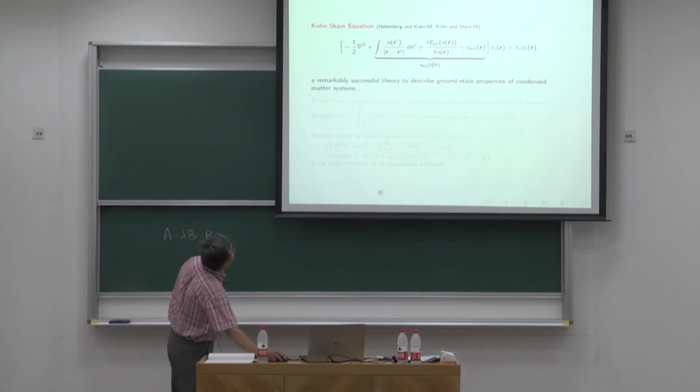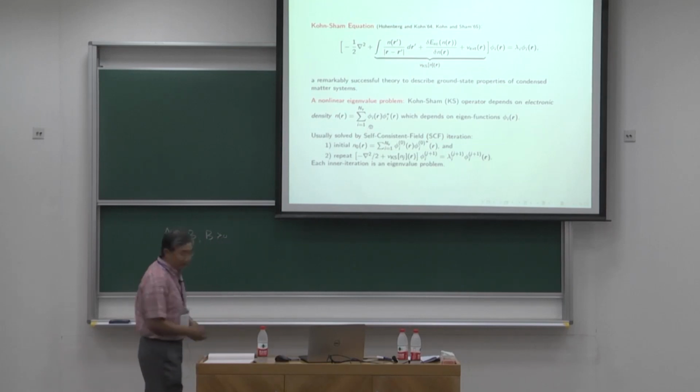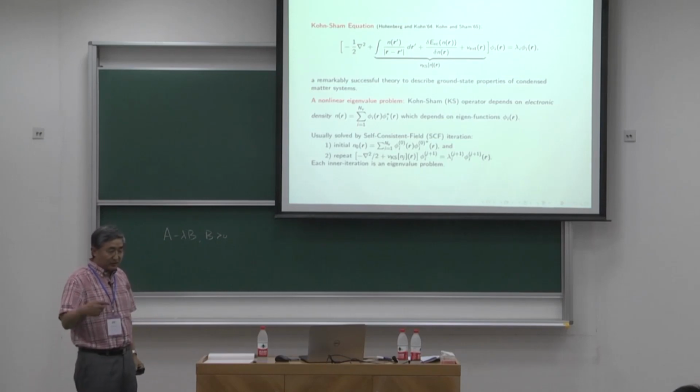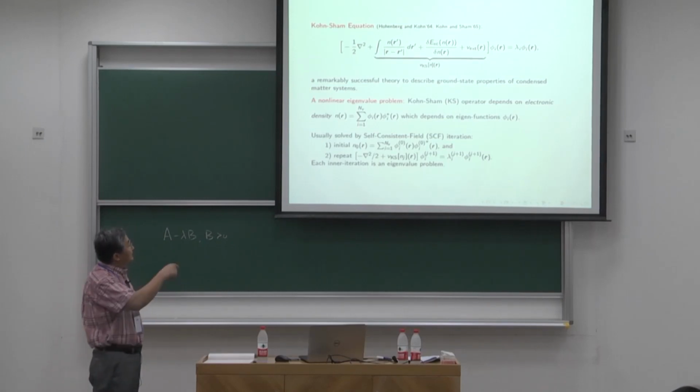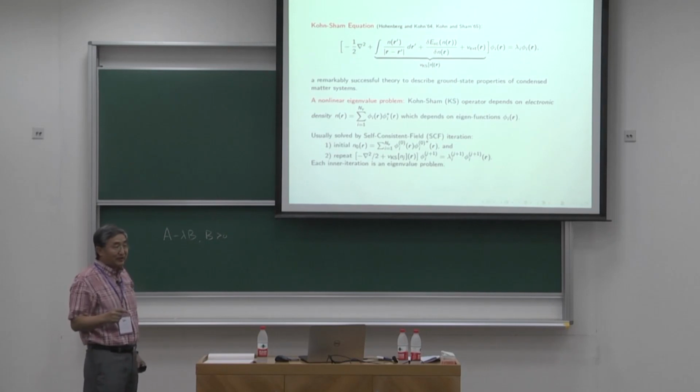n of r is defined by the sum of the eigenfunctions times their conjugates. What's important here is that the expression n of r depends on the eigenfunctions.